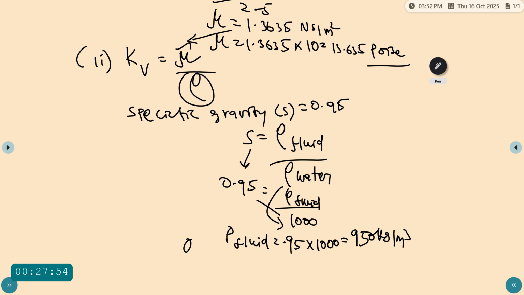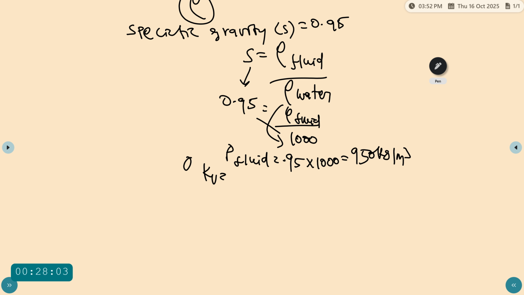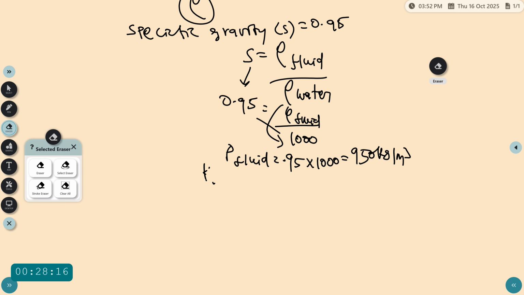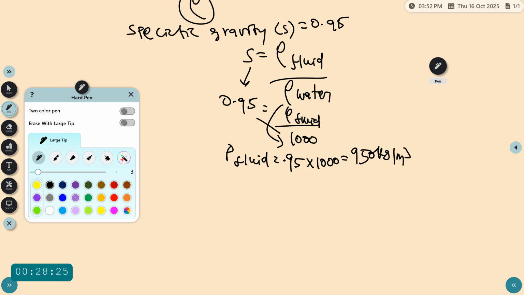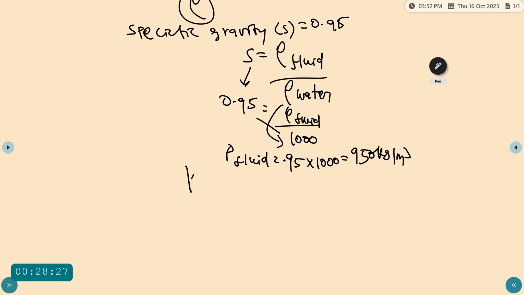This is the value. Now substitute the value in the above equation. Kinematic viscosity is equal to mu divided by density of fluid.